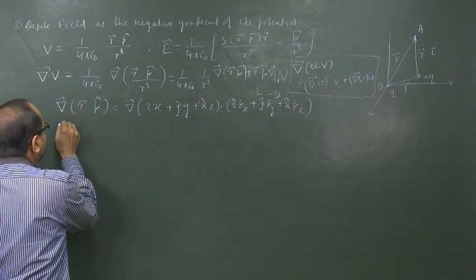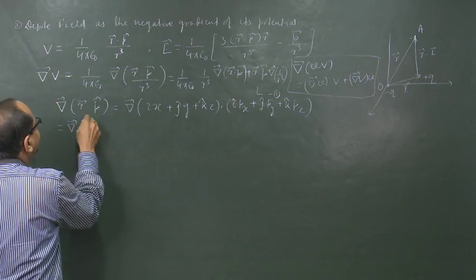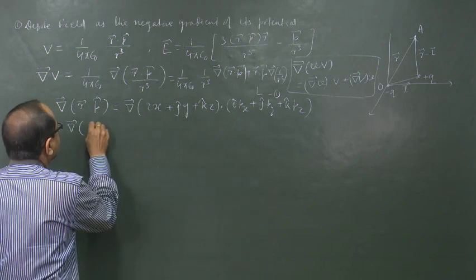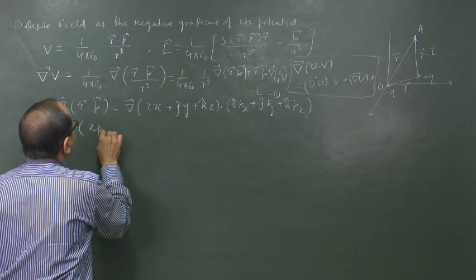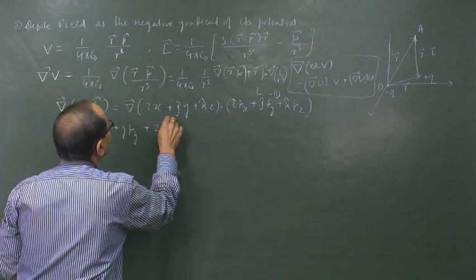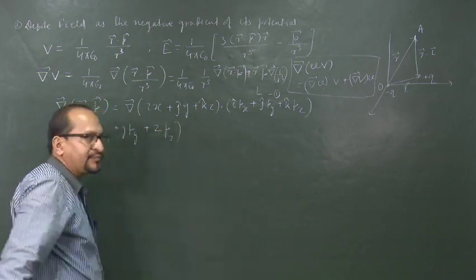Obviously, it is equal to the gradient of the dot product, that is x into p x plus y into p y plus z into p z.